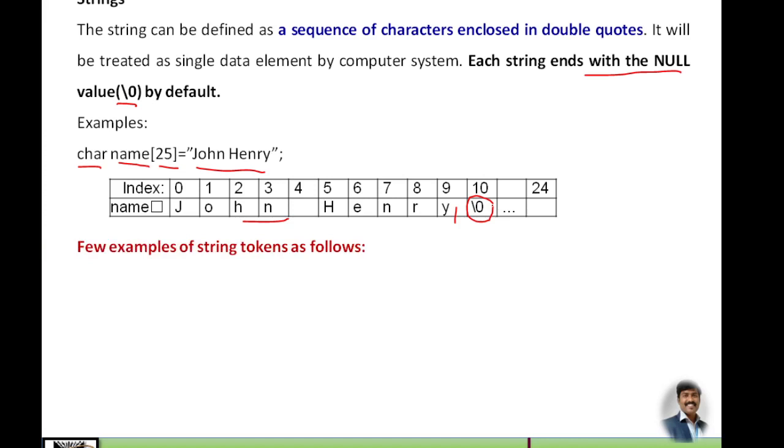Let us look at a few other examples. Here we have declared an identifier named college, of type character, and a maximum of 50 characters can be stored in it, and we are storing this value inside the college identifier.